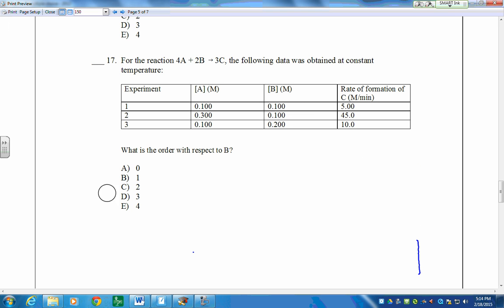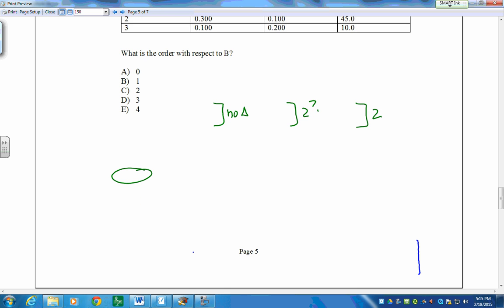What's the order with respect to B? To find the order with respect to B, you cover up A, find a set of trials in which A doesn't change, 1 and 3. This doubled, 2 to what power gives you 2, so this is first order with respect to B.